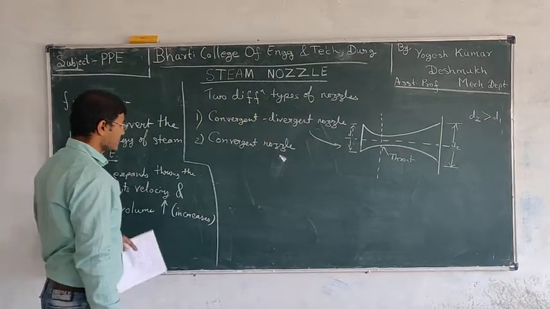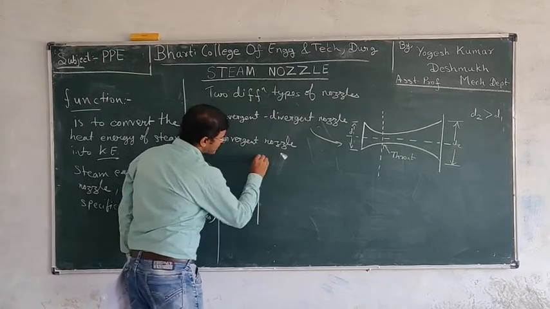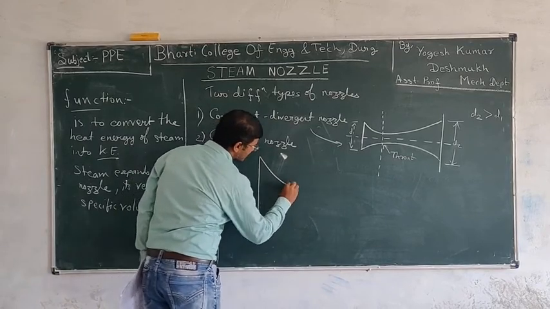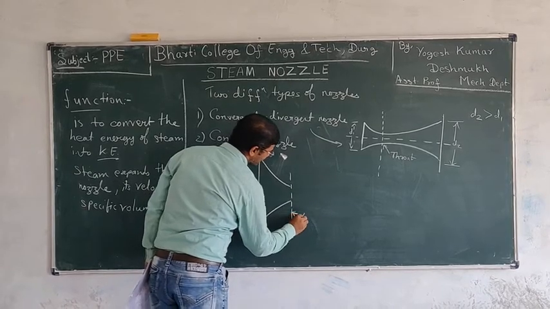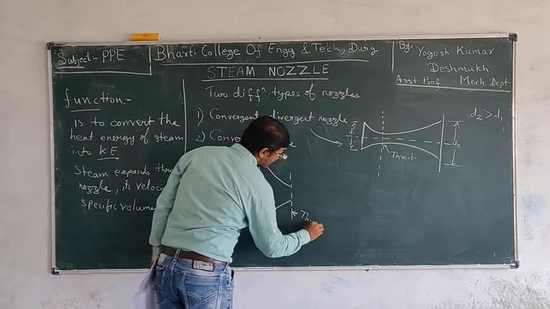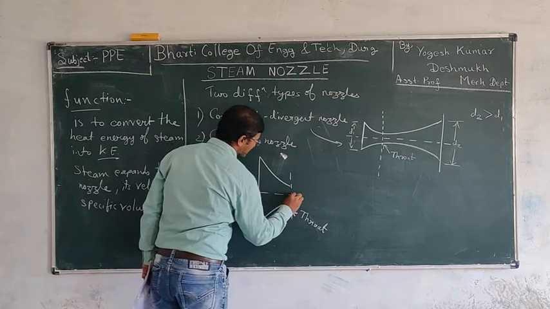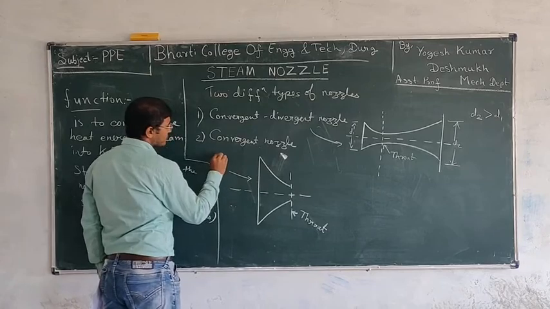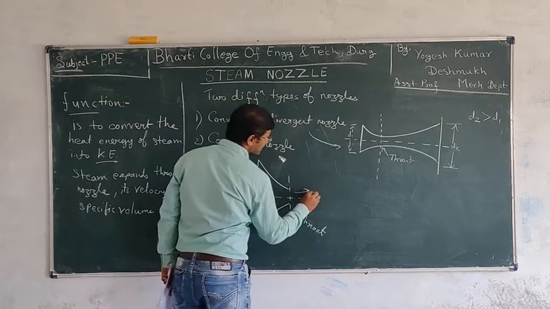And what is a convergent nozzle? It only converges. No divergence is there. This will be its throat area. This is the axis, the line of symmetry. Here the steam or fluid enters and here it comes out.